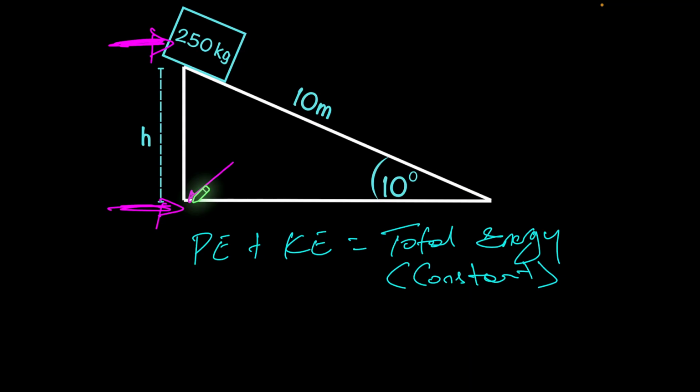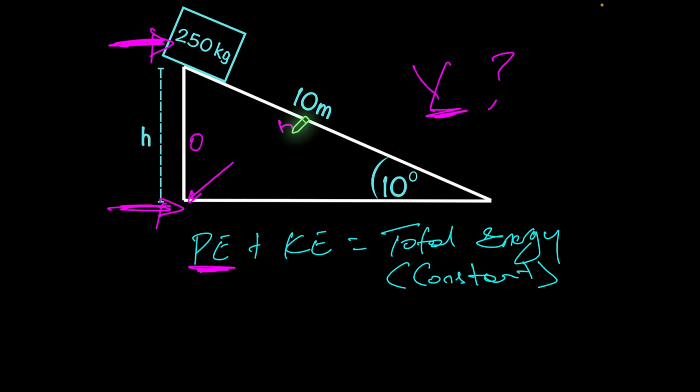So let's work out our potential energy now, just to see what our velocity is going to be. As a start, we need to find our height, and we'll apply a bit of trigonometry. Imagine that's our opposite, and this is our hypotenuse.